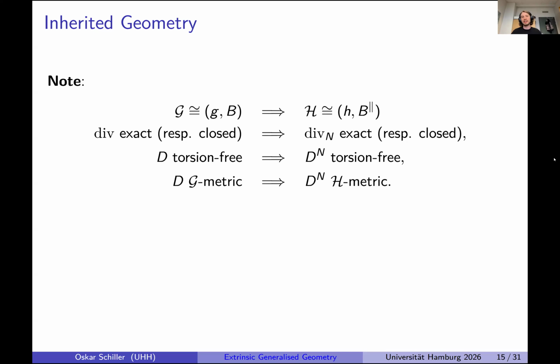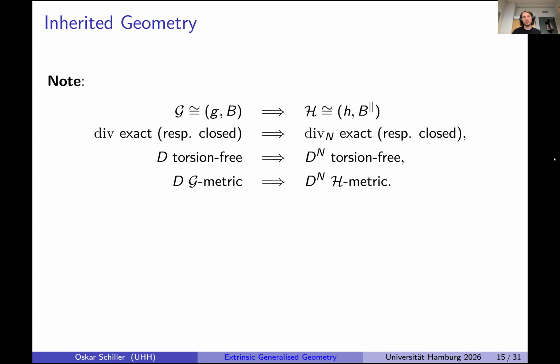Okay, and we proved that this construction is a nice construction and that it preserves many important properties. So, as I explained or reminded you, a generalized metric is associated to a metric and a B field. The generalized metric that is induced over the submanifold is just the generalized metric that is associated to the inherited normal metric and the tangentially projected B field.